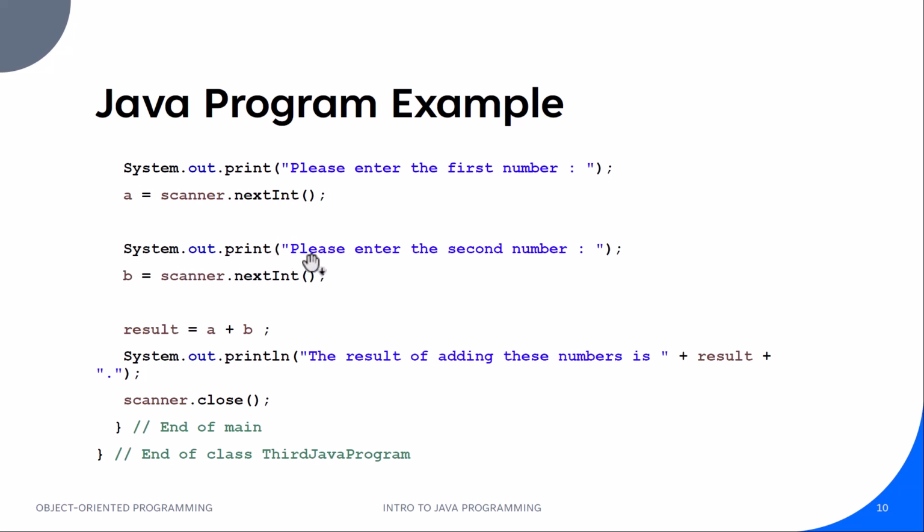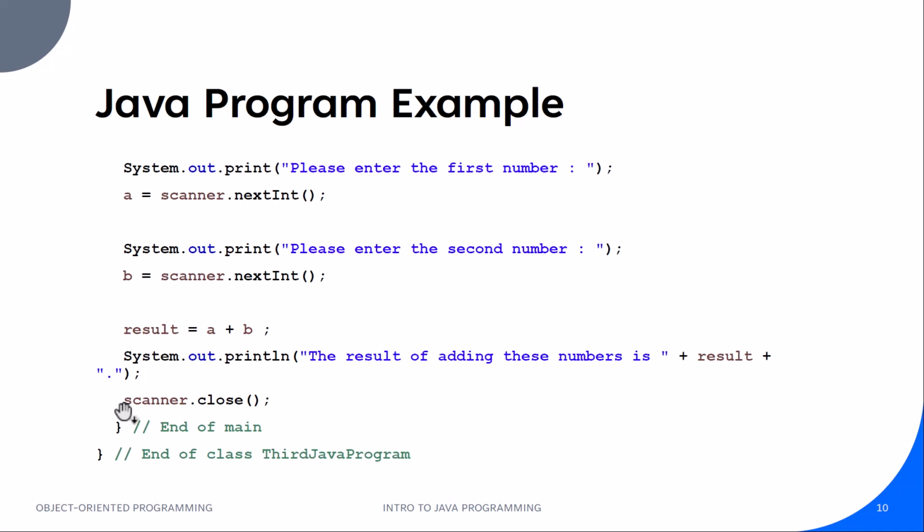Now I'm outputting, "Please enter the second number," and using a similar statement with nextInt on the scanner object, I'm assigning what the user inputs to variable B. Now I'm adding these two variables, and then I'm assigning the sum to result. And of course, I want to output the result of this addition to the console: the result of adding these two numbers is result.